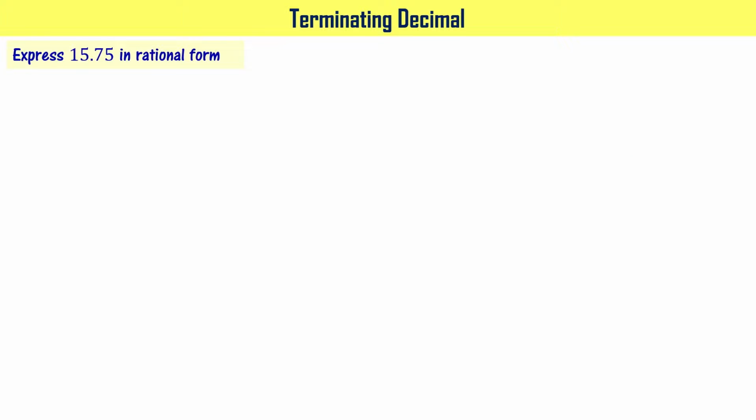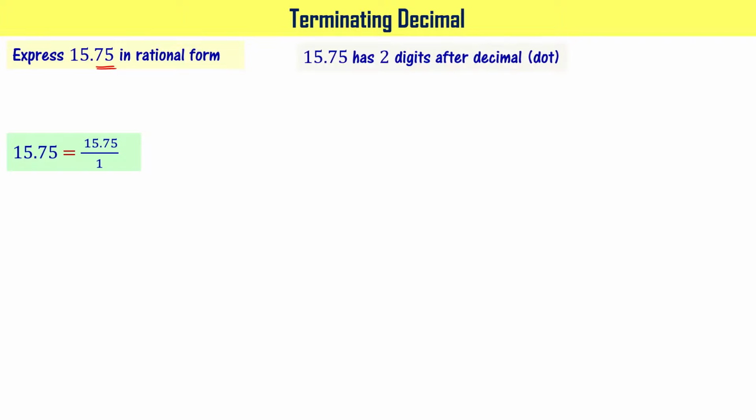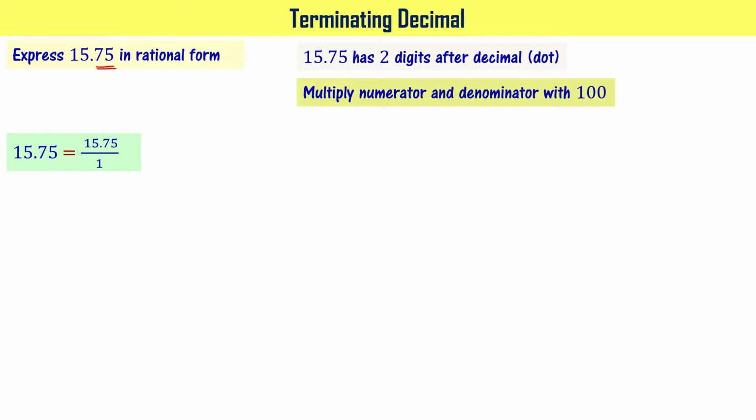Let's solve another problem. Let's express 15.75 in the rational form. If you observe, after the dot we have 2 digits. It means we have to multiply both the numerator and denominator with 100. When you do that, 15.75 times 100 takes the dot to the right by 2 digits, because we are multiplying with 100, which has 2 zeros.